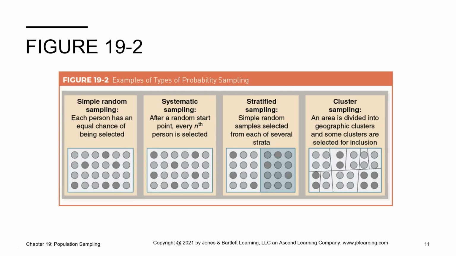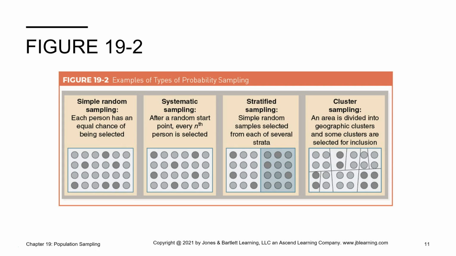So it could be that you select one person, and then after that, every two people in a list of people are selected. Then we have stratified sampling, and this is a simple random sample selected over each of several strata. So you could randomly select a number of males and randomly select a number of females.